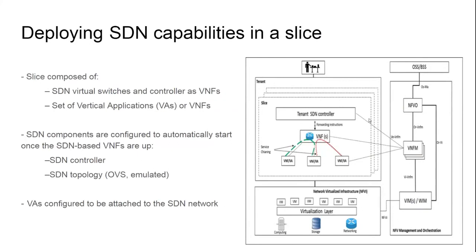Once the network service is triggered, the SDN components of the slice are automatically configured and started. So we will have the SDN controller, one or more virtual network functions, and then a set of virtual applications that are automatically attached to the SDN network.